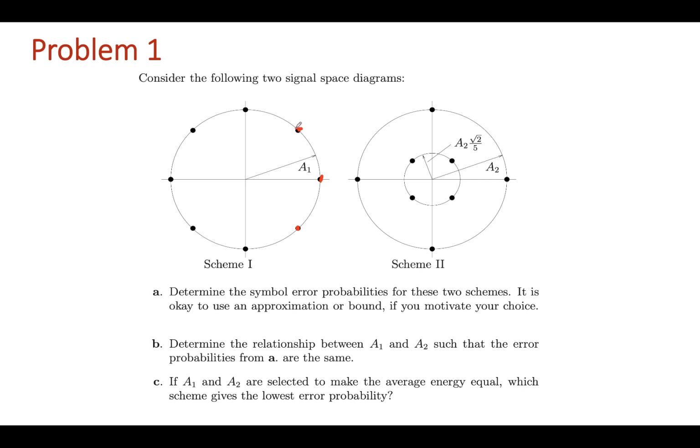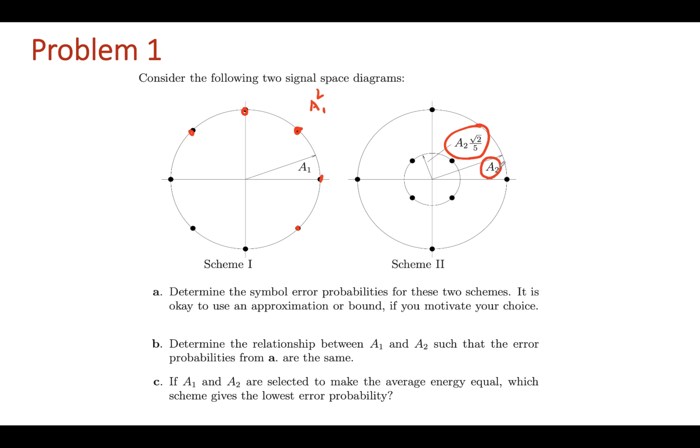So basically all these signals here have an amplitude a1, and an energy that is equal to a1 square. Here you have two circles and the signals are spread over two circles. The inner circle has a radius of this and the outer circle has a radius of this.